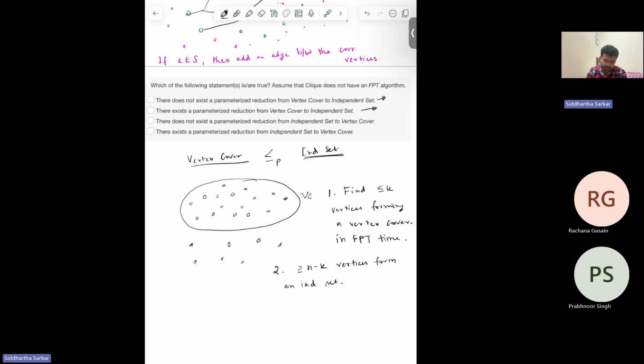Okay, so k is part of the input. G, k, n are not within our control. Now if k is n by 2, then we can say that the existence of an n by 2 vertex cover implies the existence of an n by 2 independent set.